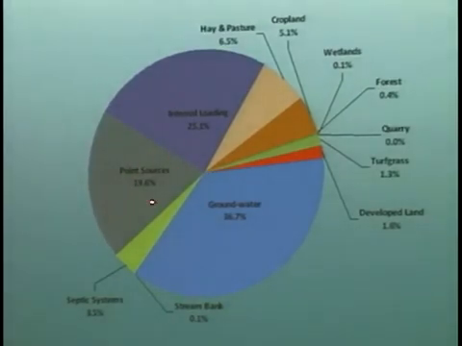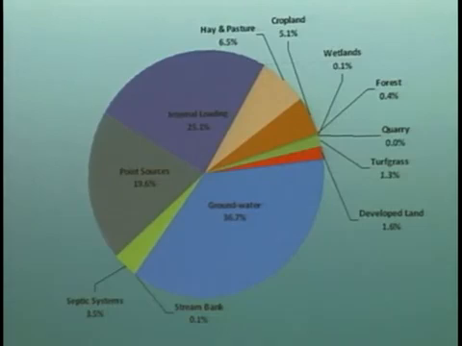Point sources are almost 20%, and those point sources equal the wastewater treatment plants and any other permitted restaurant or other facility on Chautauqua Lake that is discharging to the water and requires a SPDES permit. Septic systems here in the North Basin are about 3.5%, developed land 1.6, and again hay and pasture 6.5.